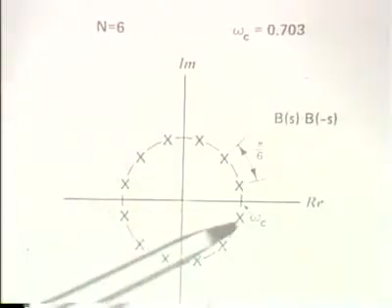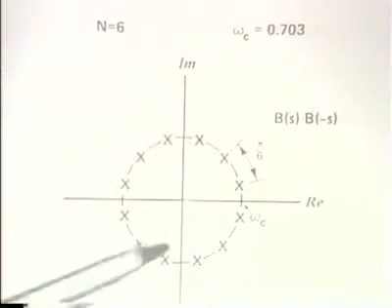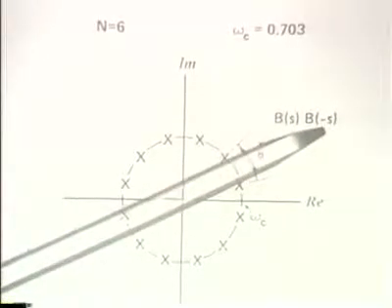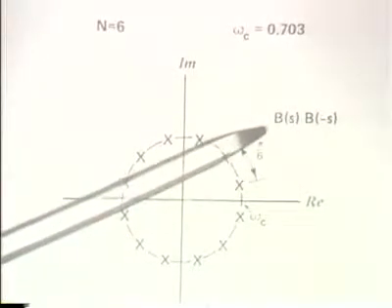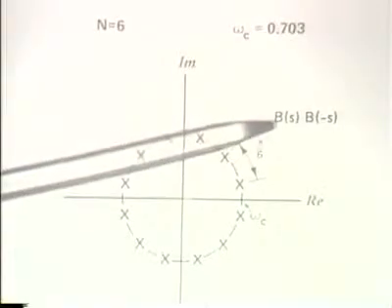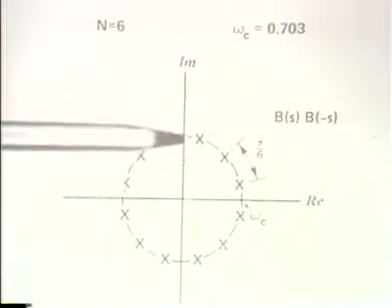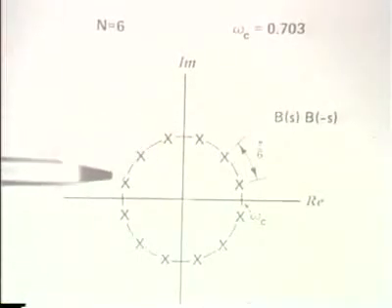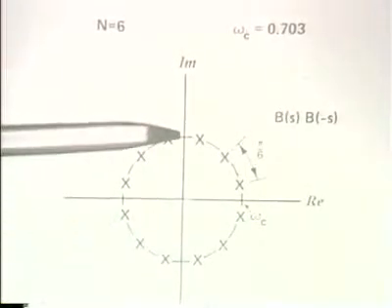And the poles on that circle are paired, some being associated with B of S and some with B of minus S. And in particular, to determine B of S, we would simply take the poles on the portion of the circle that's in the left half of the S-plane.